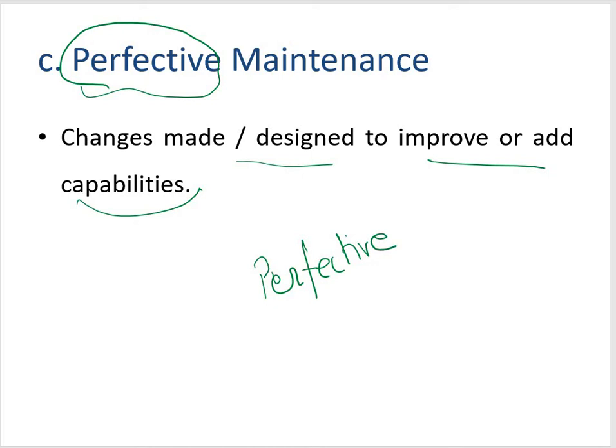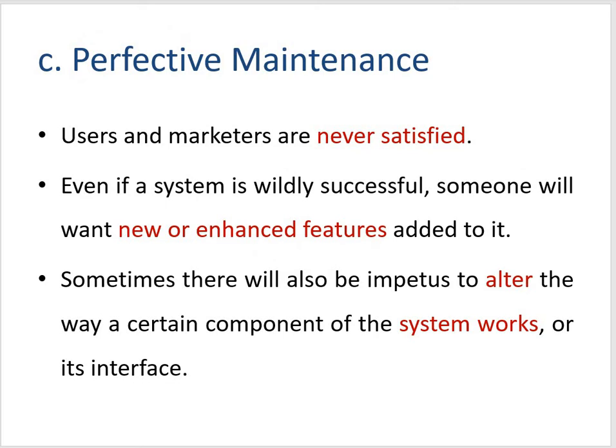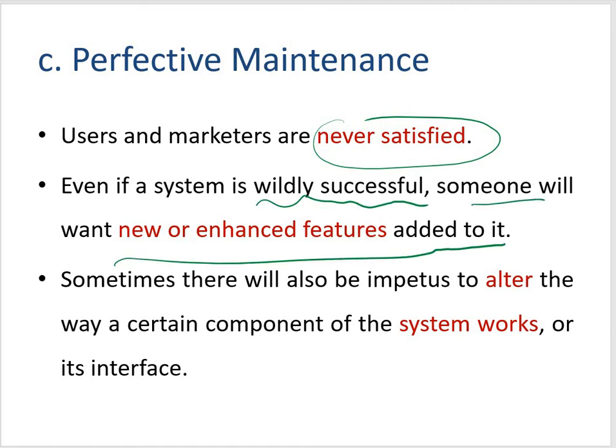So we are adding something, we are making some changes in order to improve the capabilities. The reason why we go ahead with this is because the users and marketers are never satisfied, right? They want some extra, they want some more improvement, right? And even if a system is wildly successful, someone will want new or enhanced features added to it.